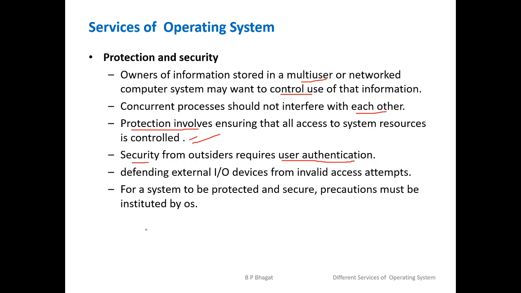By providing authentication, we defend the IO devices from invalid access attempts, and in this way, for a system to be protected and secured, precautions must be instituted by the operating system so that unwanted people cannot have direct access to the important files or services provided by the operating system.